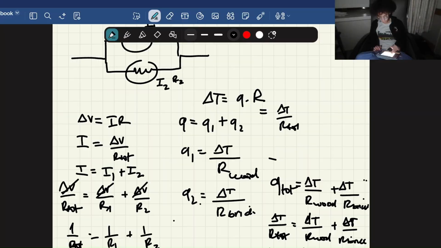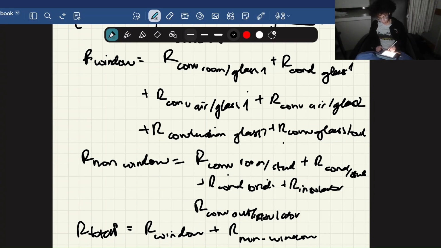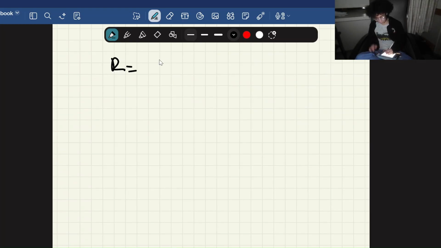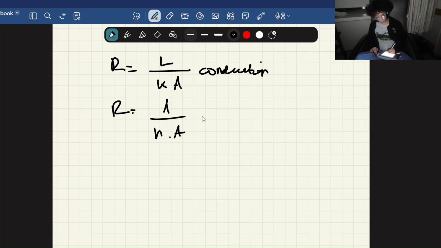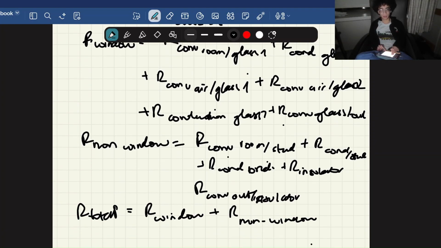To use that formula, they all have to have the same area, because resistance is equal to length over kA for conduction, and resistance is equal to 1 over hA for convection. To be able to take out the area as a common factor, as we did in part C, the area has to be the same for each compartment. We don't know that for this case, so we just have to sum the resistance of the window and the non-window to get the total resistance. Thank you for listening.